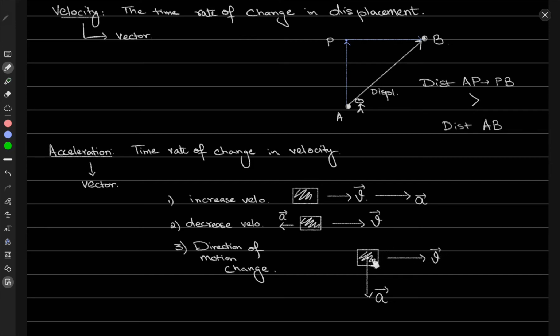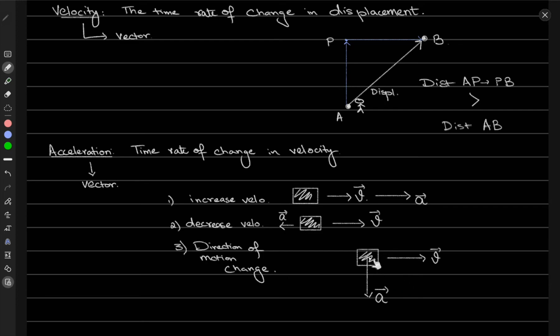However, because the acceleration is pointing in this direction, it's trying to change the velocity, but in this way. So it's pointing orthogonal to this motion. The resultant would be that it would change the direction of this object.